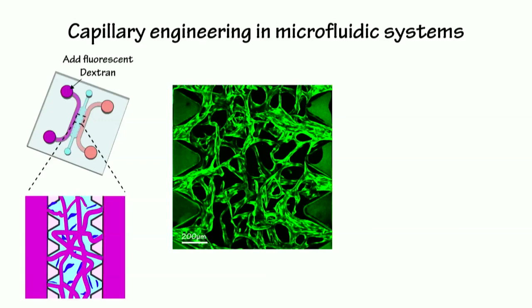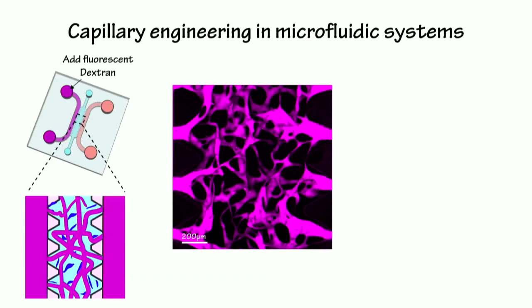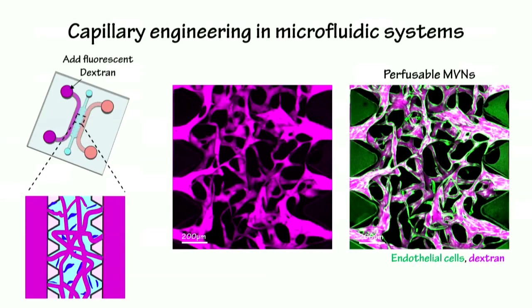If we take an image of those fluorescent signals, you will see an image like this. All the magenta is the fluorescent dextran, and it flows through the lumen of the microvascular networks. In this two-color image, the endothelial cells are shown in green to demonstrate the morphology, and the dextran shows that they are perfusable. We can also perfuse cells or beads into our systems.